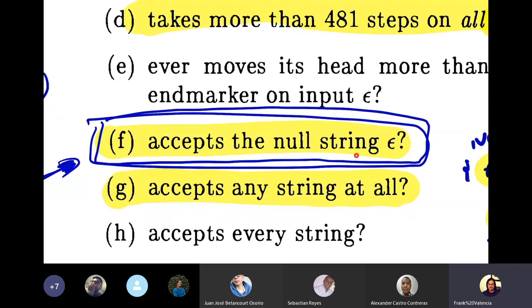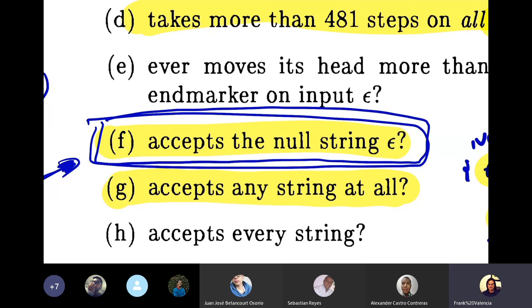For example, there could be many machines that accept the null string. And if the question is not true for every machine or false for every machine, that means non-trivial questions, then the answer is undecidable.